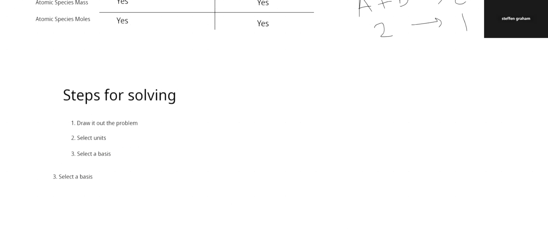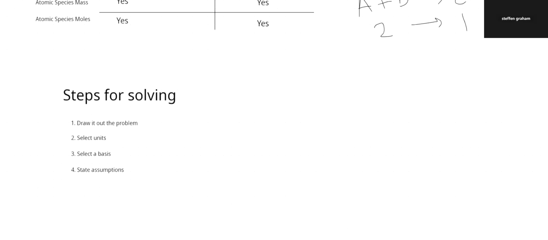And then the last thing that is important is stating your assumptions. Sometimes these problems get complex, and you will need to say that you're assuming things like maybe all of a certain reactant is consumed. They'll come up in some of the other problems we'll do later.